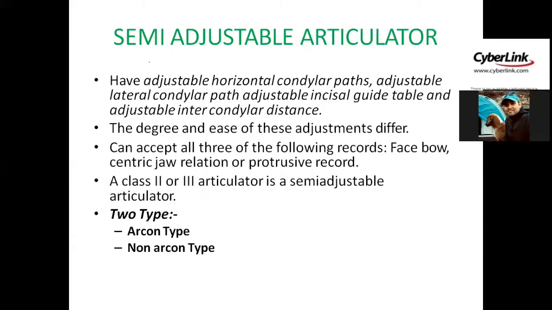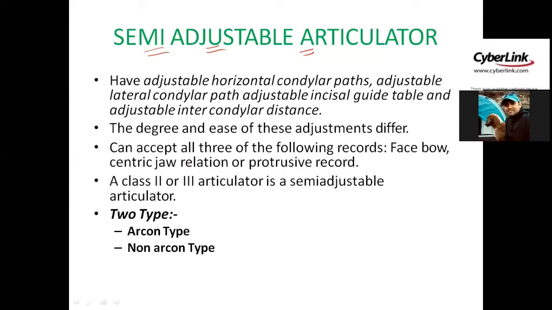Then come to your semi-adjustable articulator. As the name implies, that means this articulator is one which we can adjust to some extent. They have adjustable condylar paths, adjustable lateral condylar paths, horizontal condylar paths, adjustable incisal guide table, adjustable intercondylar distance.